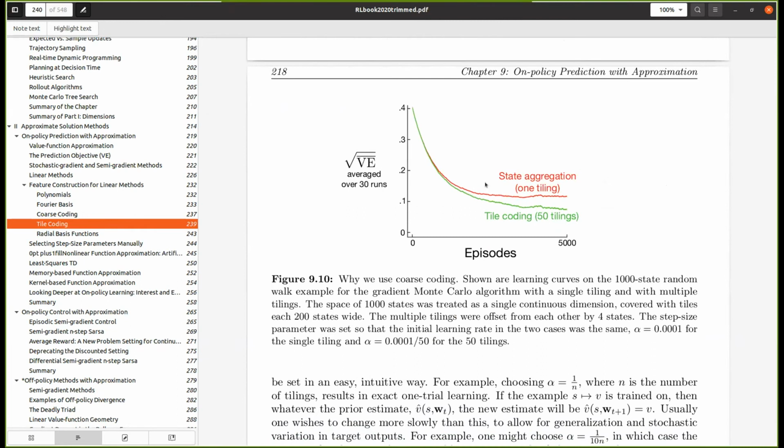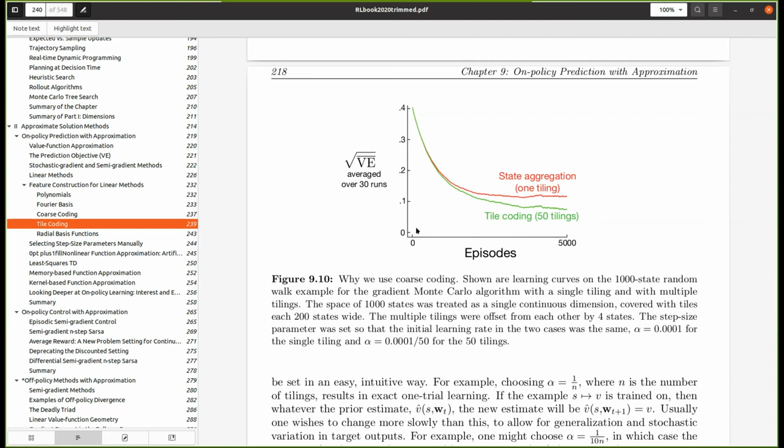So in this figure, the state aggregation can be considered as using one tile, right? So we do not have any overlap between tiles.